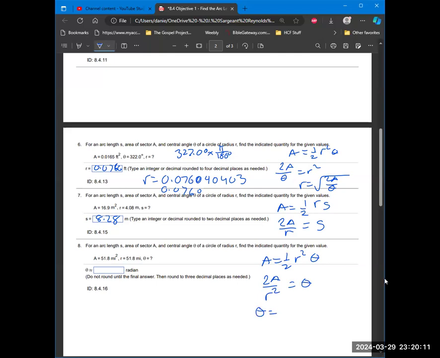So theta is going to be 2 times 51.8 over 51.8 times another 51.8. r and A were the same here, so one of those 51.8s cancels. 2 divided by 51.8 gives me theta is 0.038610039, and we're told to round to 3 decimal places as needed, so 0.039.